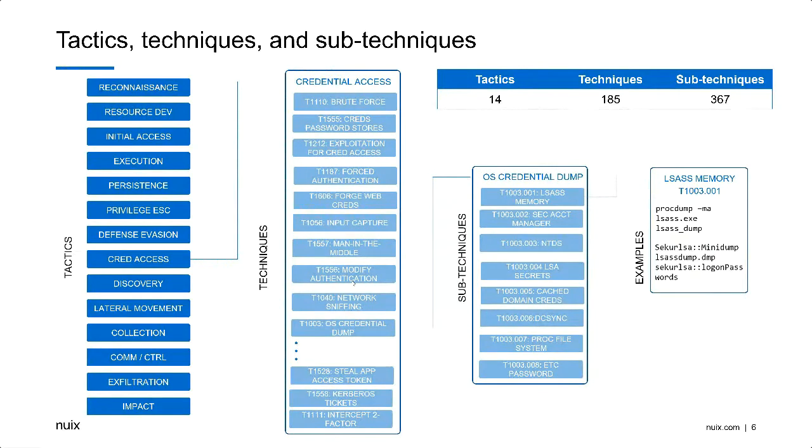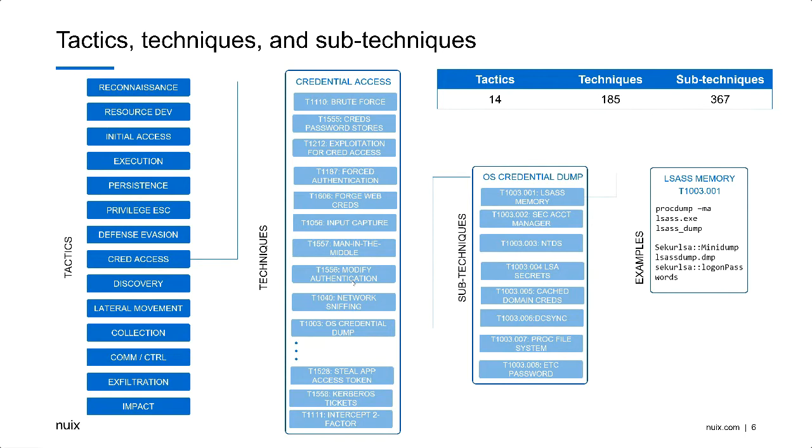And then to pull that thread even further, if we dig down into LSASS memory, the framework will tell us these are the commands that actually get executed in order to dump out LSASS memory so that the attacker can find the usernames and passwords that are stored on that machine.